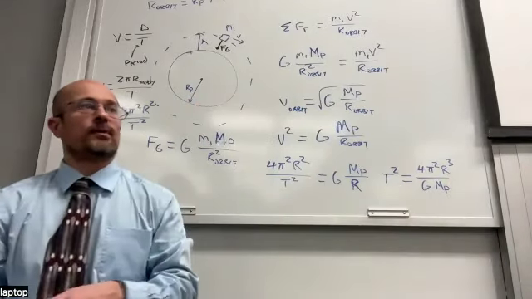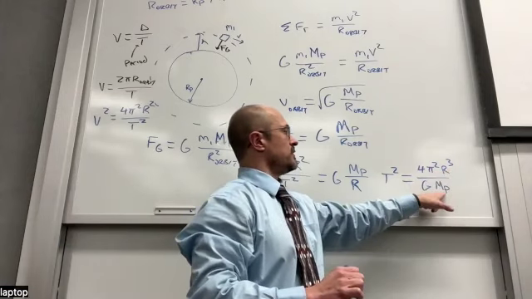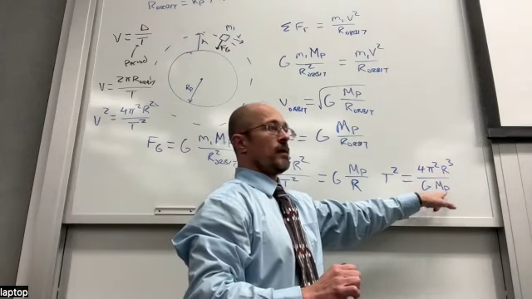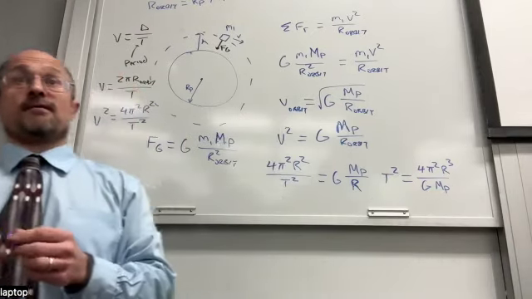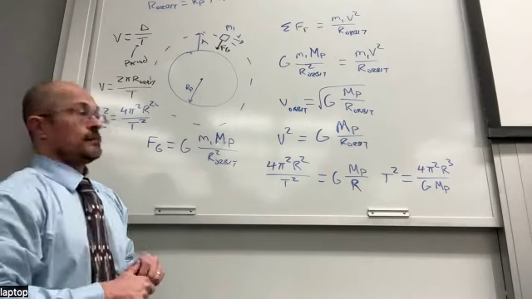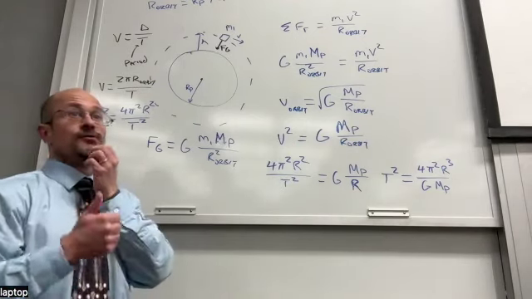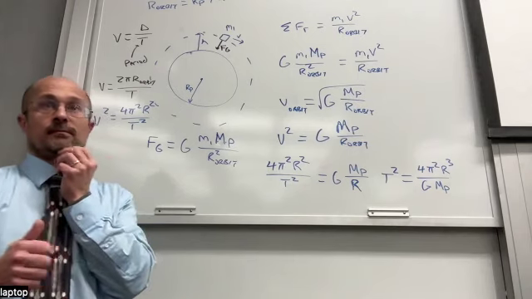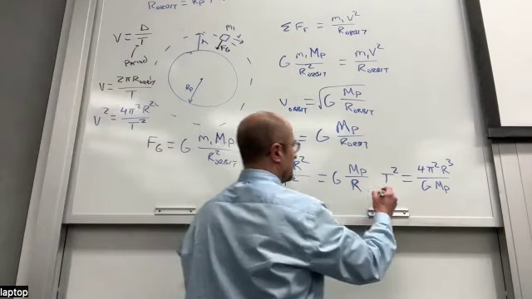So that tells you the orbital period goes with r cubed. And as the mass of the planet, or whatever you're orbiting, gets bigger, the orbital time gets shorter, because you're going to run faster. Those are our two orbital equations. 5 and 4.